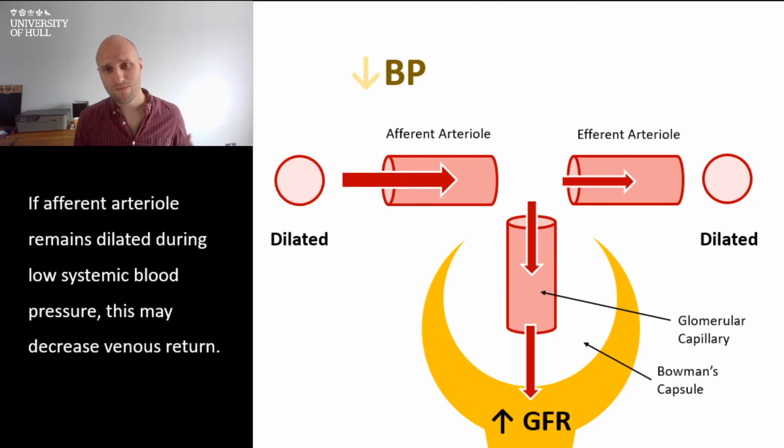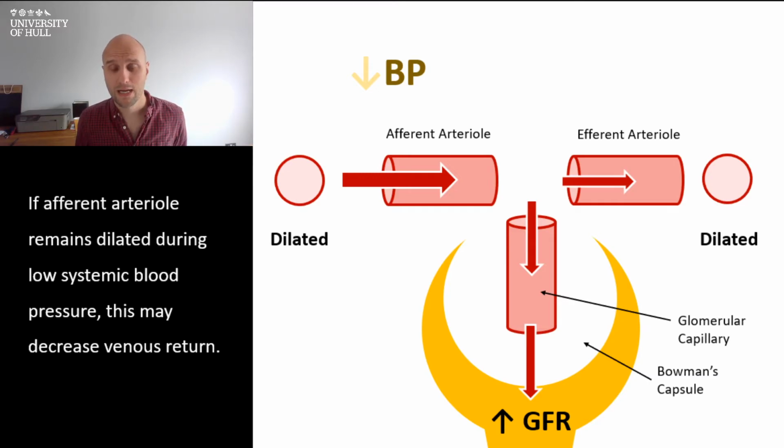Now, in a situation where the systemic blood pressure drops, if the afferent and efferent arterioles remain dilated, then we still have a great deal of fluid that's being filtered out and potentially lost from the circulation, and we may be excreting far too much fluid, and that will again impact on the venous return back to the heart and consequently affect the cardiac output and the blood pressure.